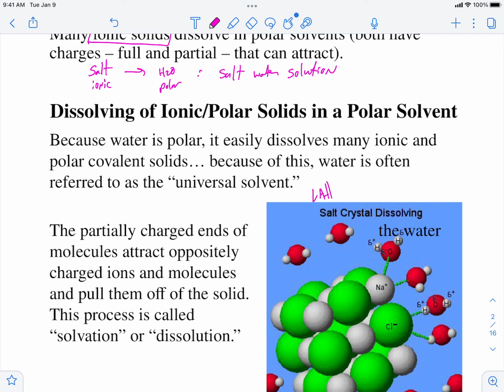I don't know if you remember that term. A lattice is a repeating array of particles, a repeating pattern. In this case, the particles are ions.